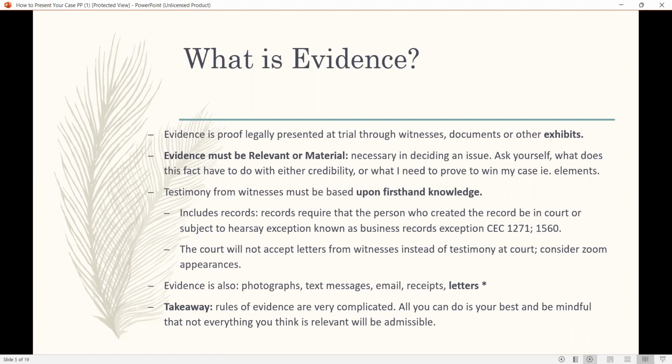Again, if you take anything away, just know that the rules of evidence are very complicated. You will be held to the same standard as an attorney. And all you can do is your best and be mindful that not everything you think is relevant will be admissible.